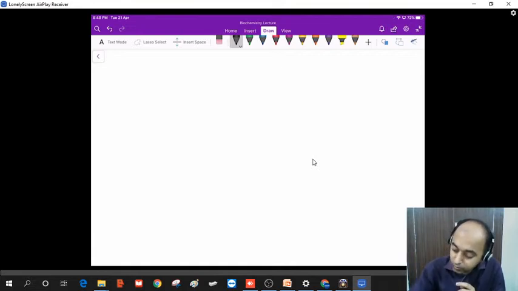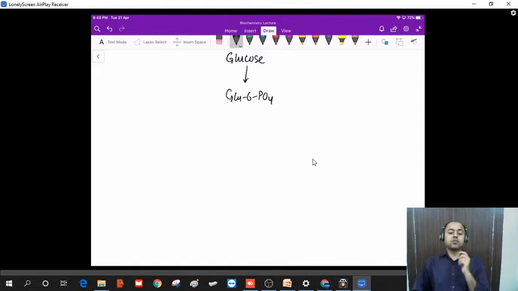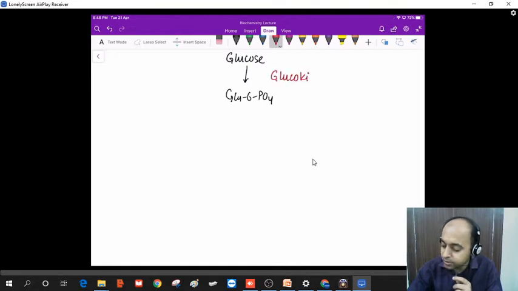So, glucose is first converted into glucose 6 phosphate. We already know the enzyme. Please note, in this case the enzyme is glucokinase. It cannot be hexokinase. I'll tell you later why. The glucokinase will convert the glucose to glucose 6 phosphate.